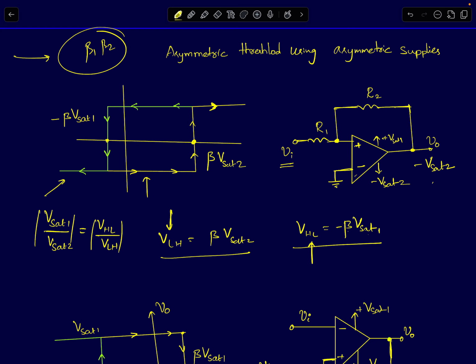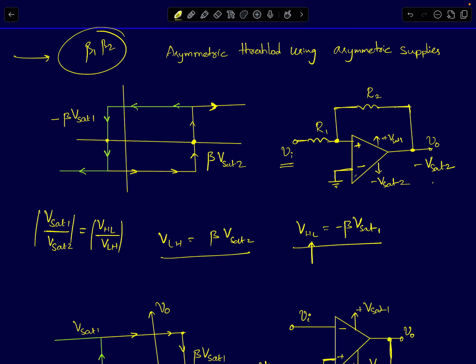It turns out that this circuit will not have a unique solution, meaning there will not be a unique value of VSAT 1 and VSAT 2 which will give you the desired low to high and high to low threshold voltages. If you see these two equations, you have three unknowns: beta, VSAT 1 and VSAT 2, and you have only two equations.